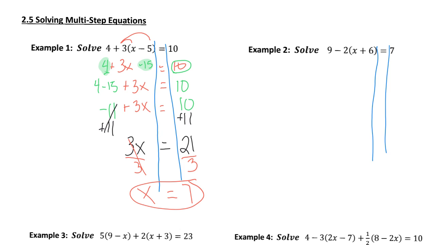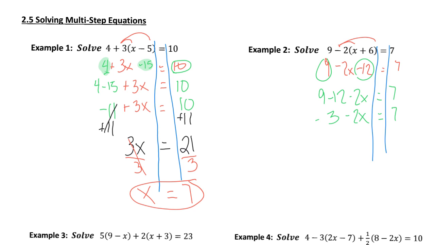Okay, so you should always draw the river. Then we know we have to do the distributive property, but we're not distributing a positive 2. We're distributing a negative 2. So it's negative 2x minus 12 equals 7. Bring the 9 down. Combining our like terms, 9 minus 12 minus 2x equals 7 is negative 3 minus 2x equals 7.